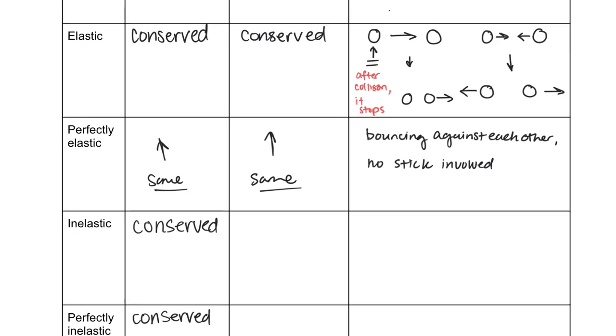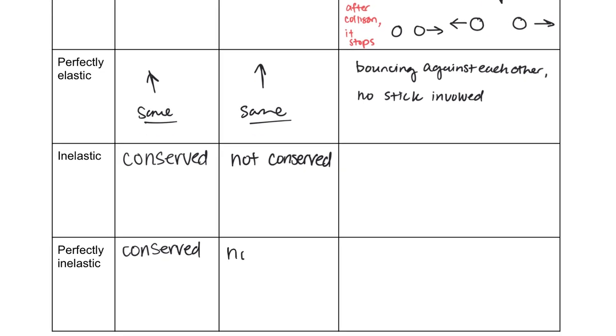There it is. Okay, so in an inelastic collision, kinetic energy is actually not conserved. And even worse, in a perfectly inelastic collision, kinetic energy also is not conserved. Okay?